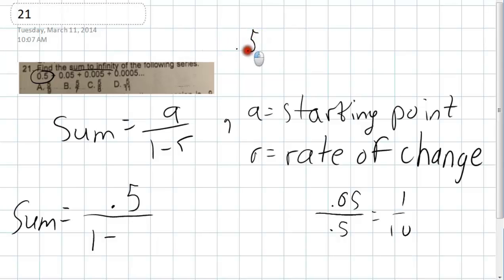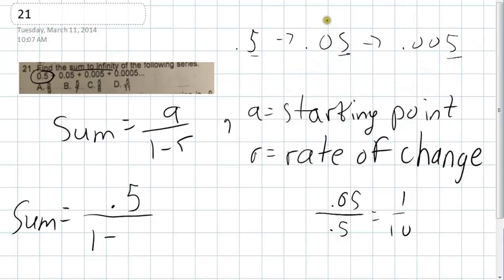So here we have 0.5. Then it changed to 0.05. Sorry, 0.005, okay? So the way I see this is the number of interest is moving over by 1/10 every time.